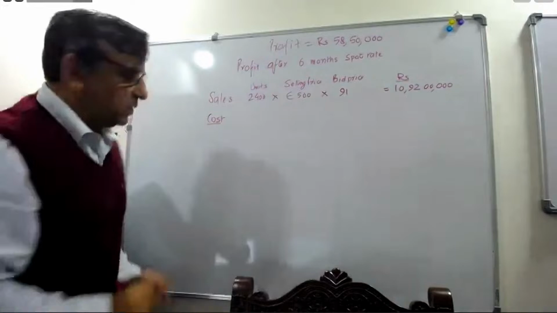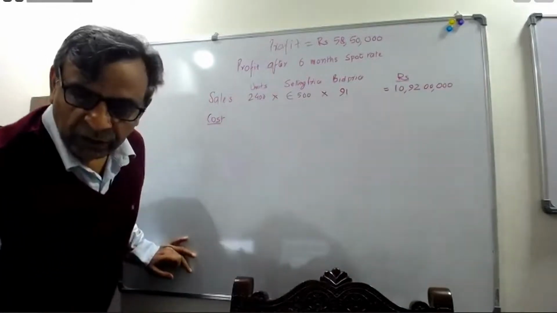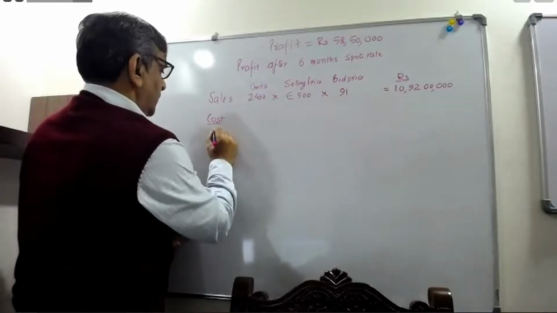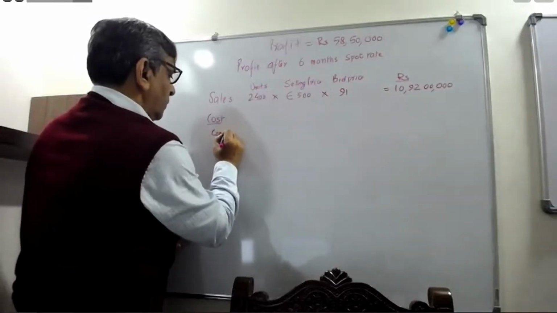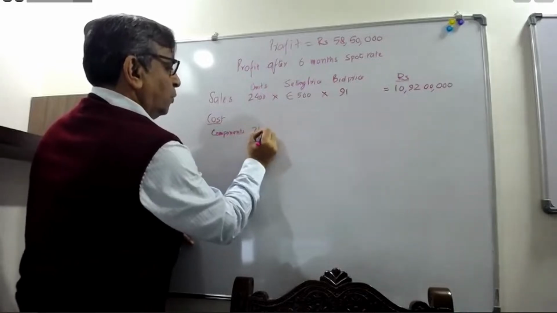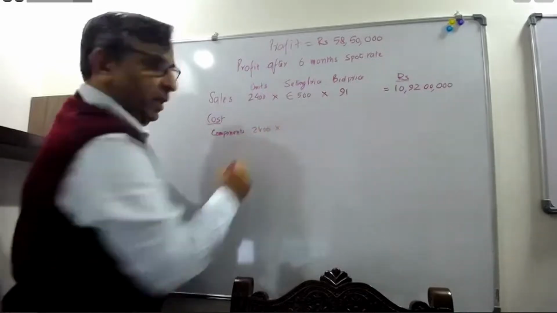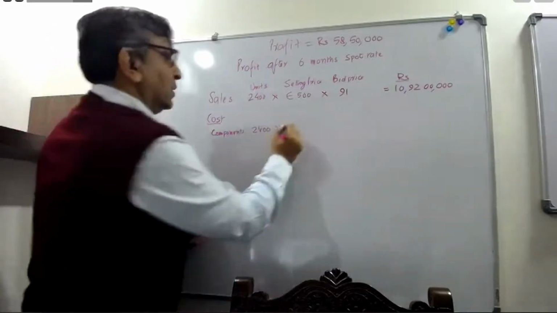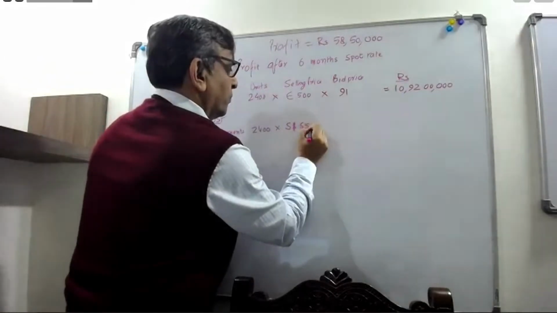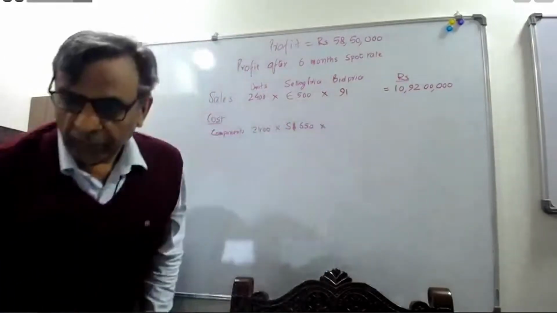Now the cost is basically the components which he has imported from Singapore. So we can say components: 2,400 units multiplied by Singapore dollars 650, multiplied by the ask rate.